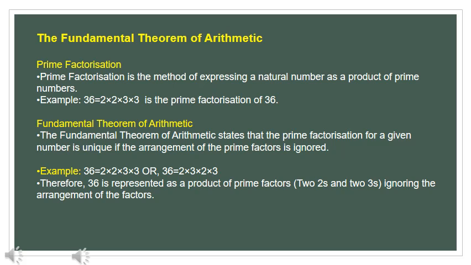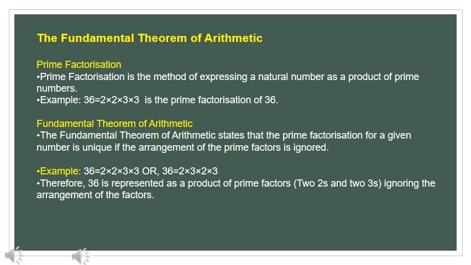After the basics of real numbers, we cover the first topic, the fundamental theorem of arithmetic. The fundamental theorem of arithmetic states that the prime factorization of a number is unique if the arrangement of the prime factors is ignored.